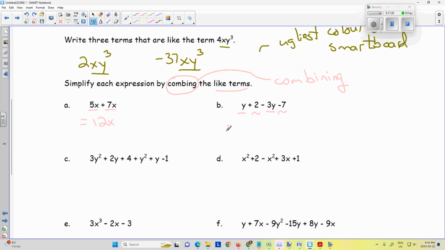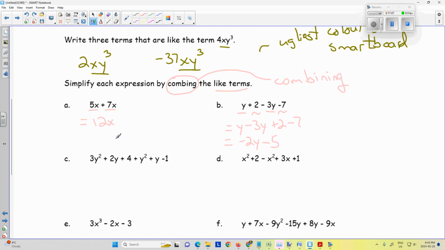Okay, so I'm going to look at this, and I'm going to do an extra step. So I've got y minus 3y plus 2 minus 7. So I've got y minus 3y, which is negative 2y, plus 2 minus 7. 2 minus 7 is a negative 5.